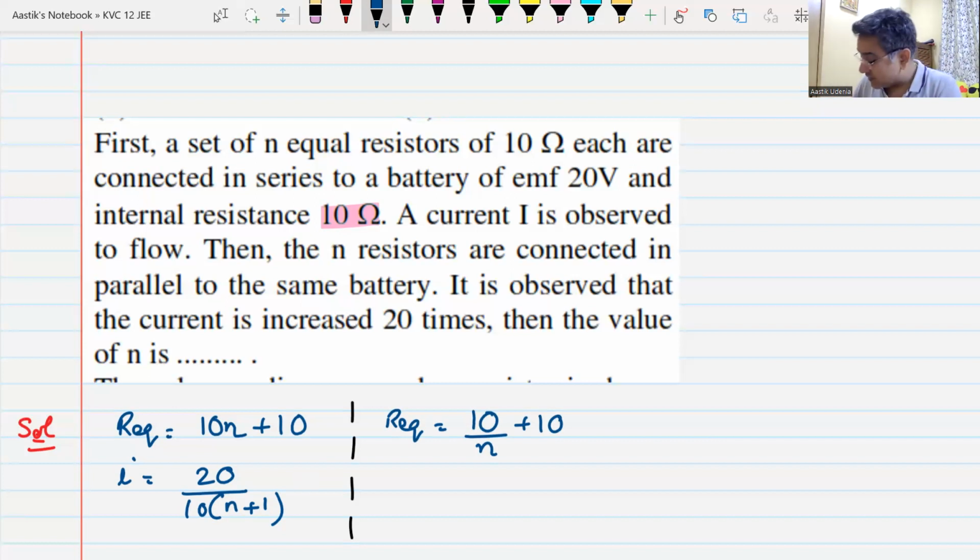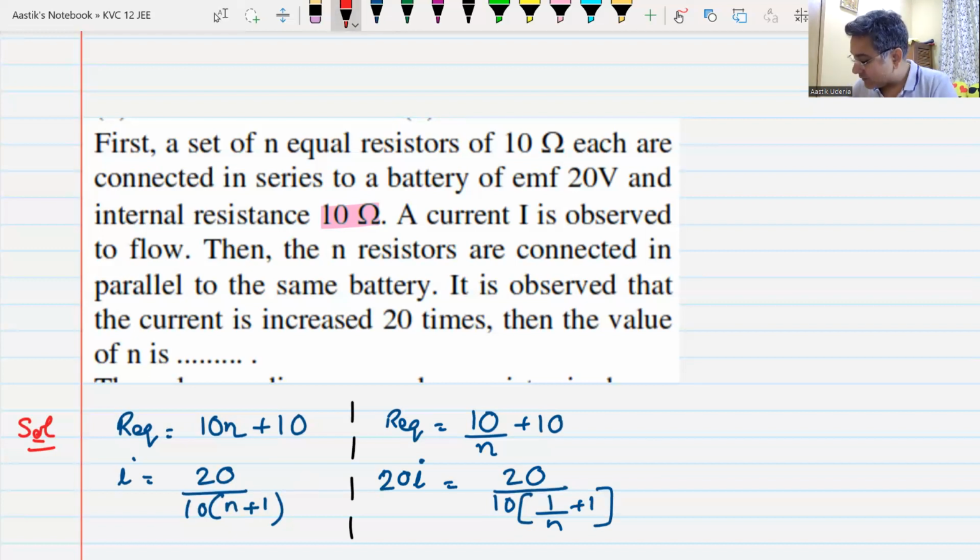Now the current becomes 20 times, so it becomes 20I. And this 20I should be equal to 20 divided by 10 into (1 by n plus 1). You can divide the two equations and get the value of n. I think the value of n that you are going to get is 20.